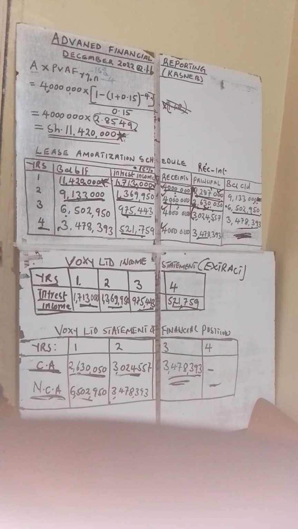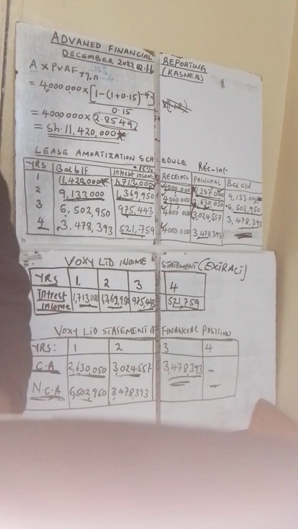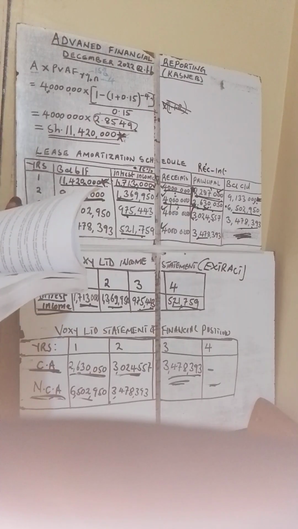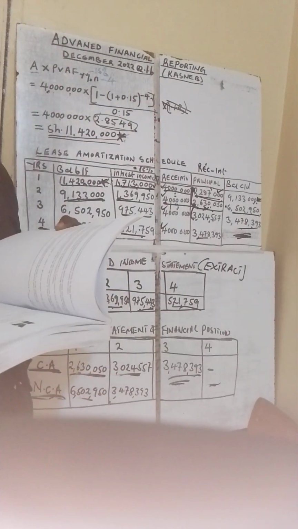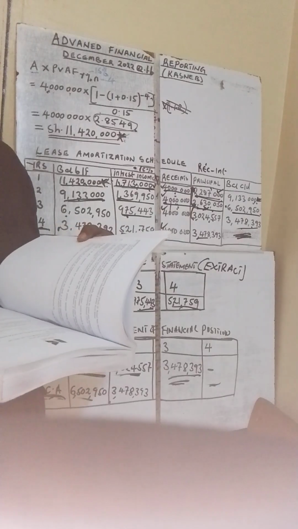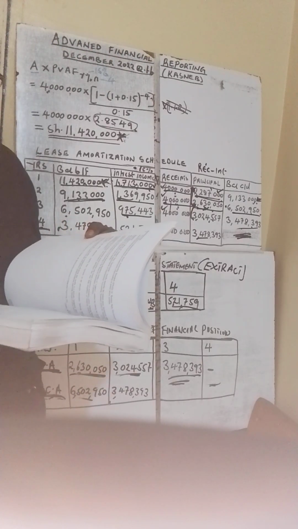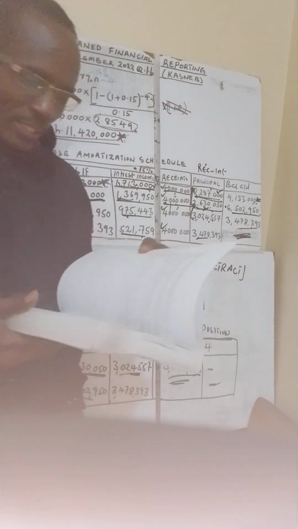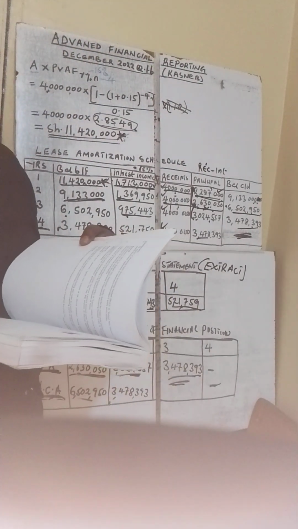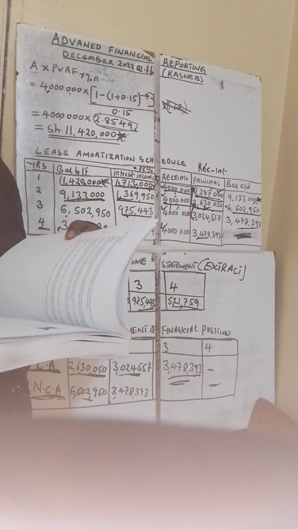So that is how you should have attempted that particular question, by showing the relevant, or they were asking us to demonstrate with suitable calculations the accounting treatment of the above lease transactions in the financial statements of Vox Limited for the years ended 30th June 2023, 2024, 2025, and 2026.